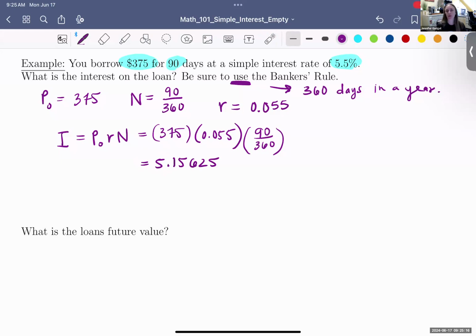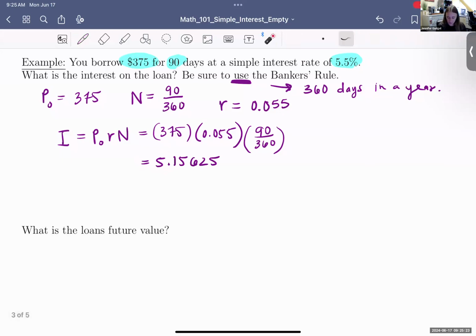Now, this isn't our final answer either because we are talking about money here. We're talking about an interest. When we deal with money, we go to cents, 2 places past the decimal, right? 10 cents, 70 cents, 72 cents. So we are going to round this.